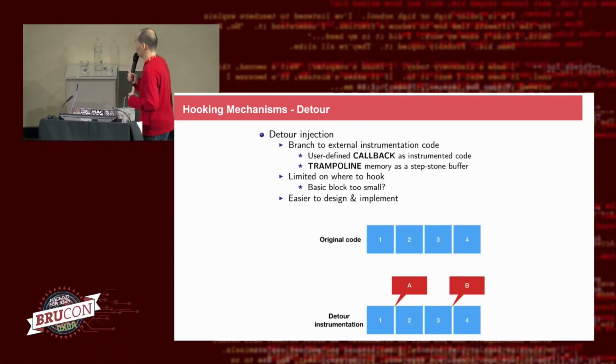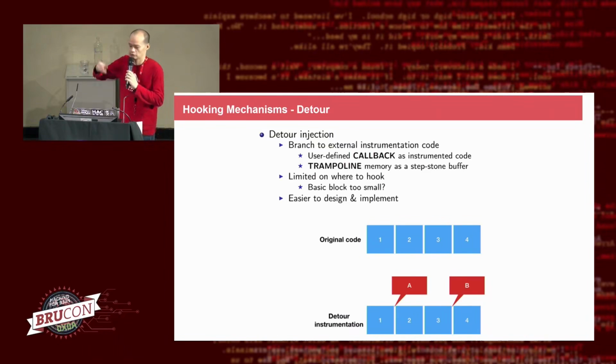So here's the technique we choose. It's called the detour hooking mechanism. The idea is that we do not inline our own instrumentation code directly, but we patch the original code, so it jumps out to our callback somewhere else.